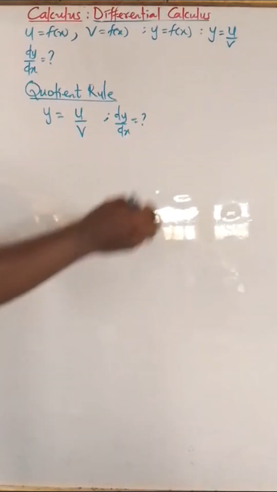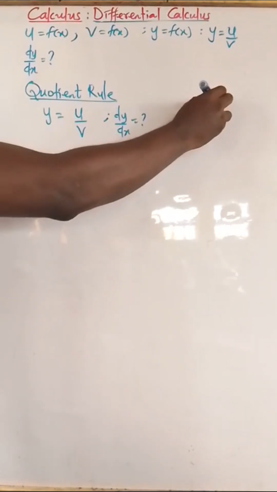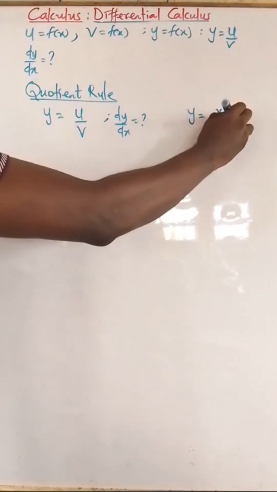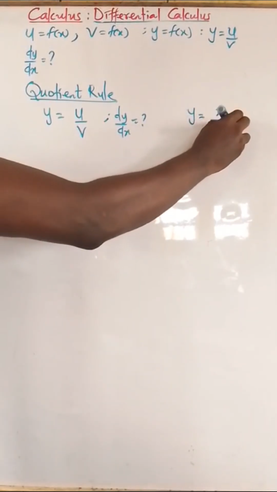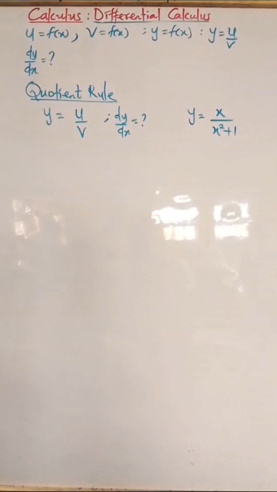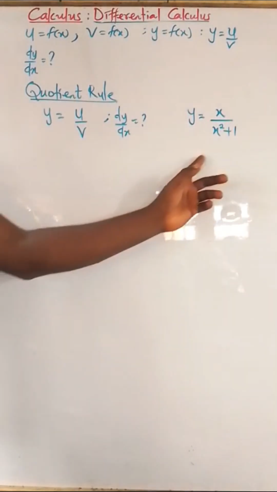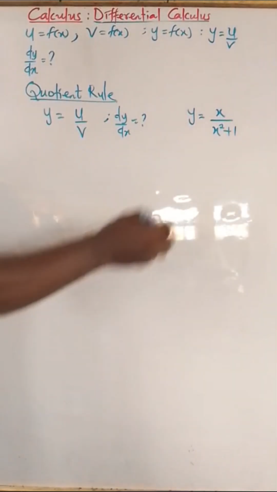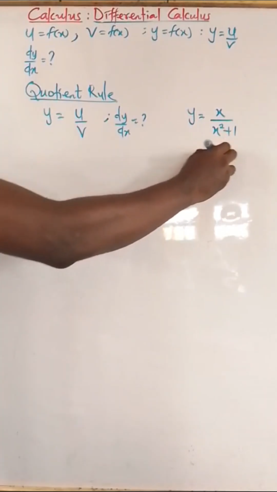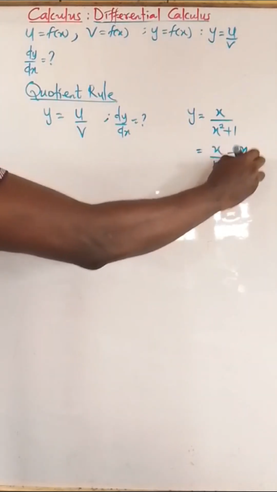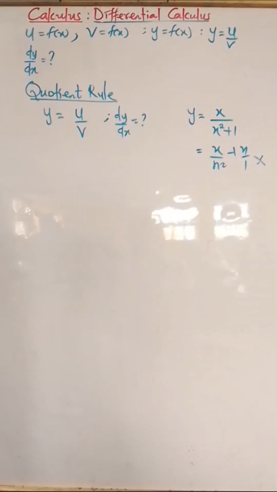For example, if we have y equal to x divided by x squared plus 1, unlike the previous examples, we can't split this. We cannot say it is the same thing as x over x squared plus x over 1. It doesn't work because of this plus.